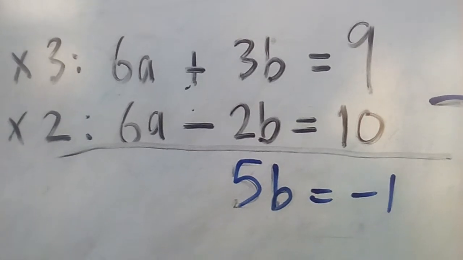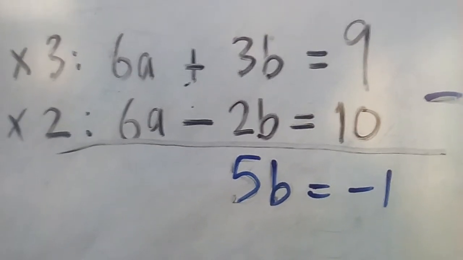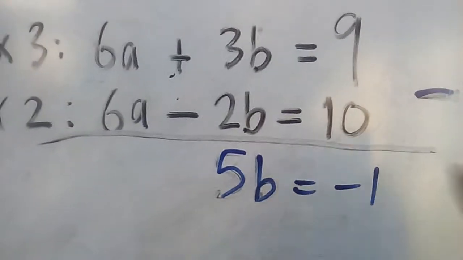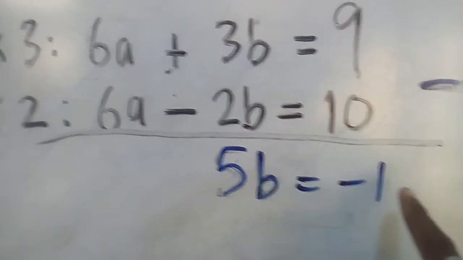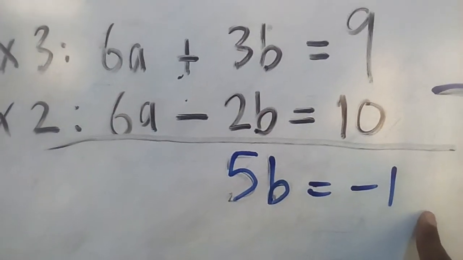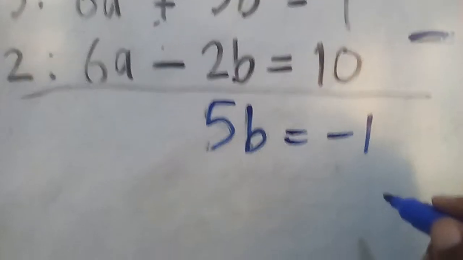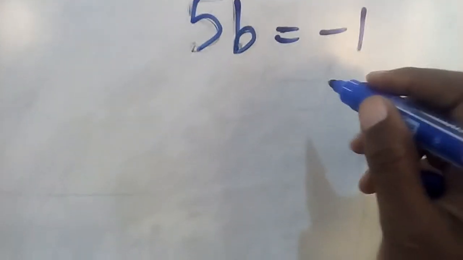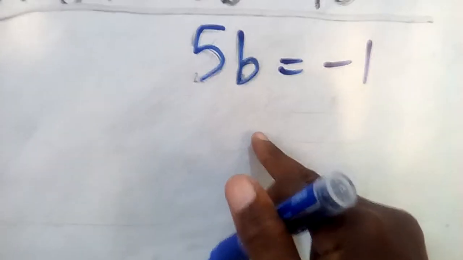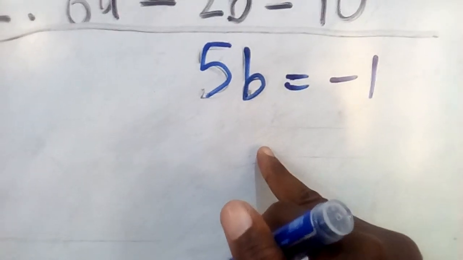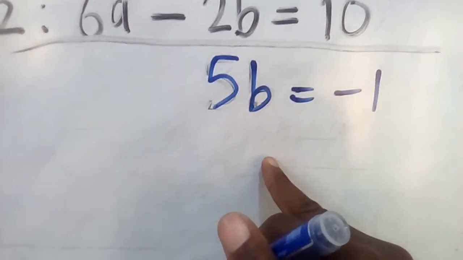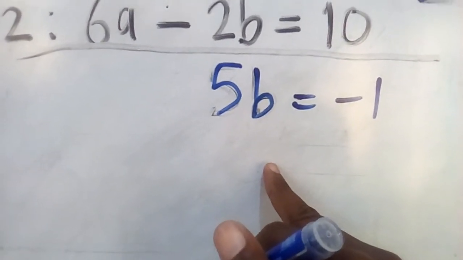Okay, so we have minus 1 here. All right, so because of this operation, the next thing we're going to do now is to find the value of b. Let's see if we have everything in place.